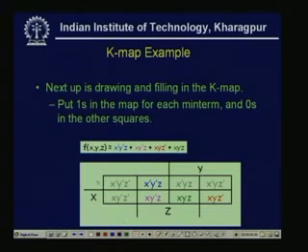So, see that this is x', and this is my y'z', this is y'z, this is yz and this is yz'. So, x'y'z means this min term exists. xy'z means this is another min term which exists in the function. xyz', this min term exists, and xyz, this min term exists.